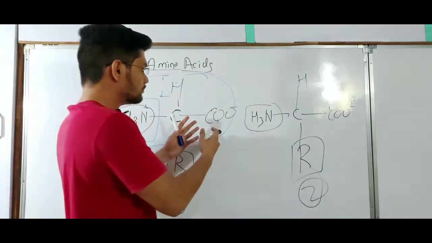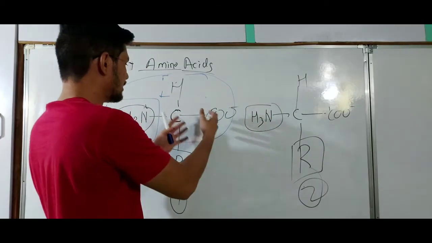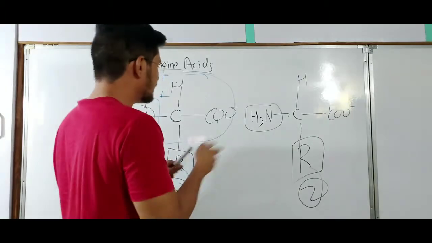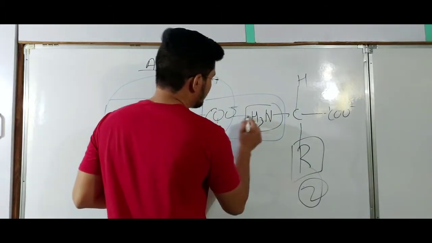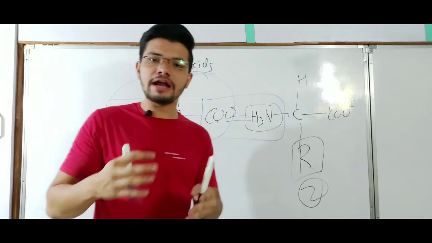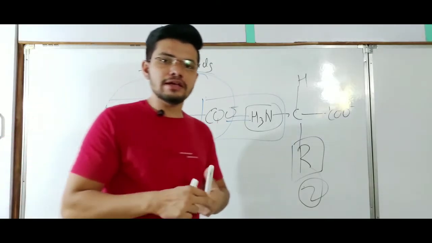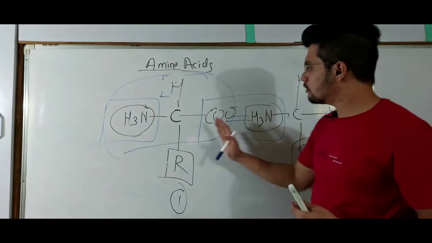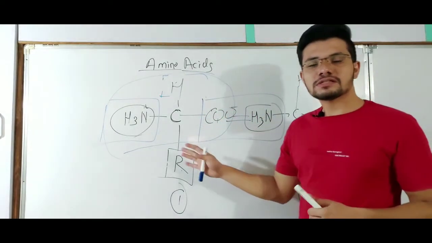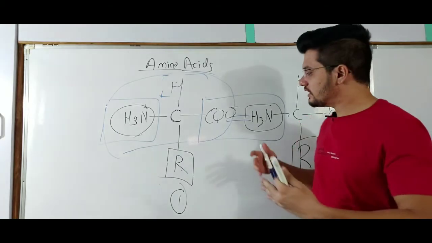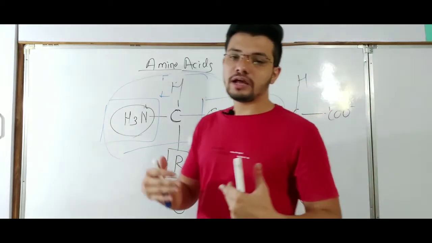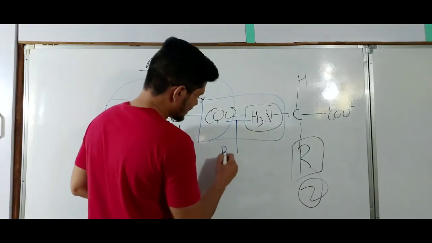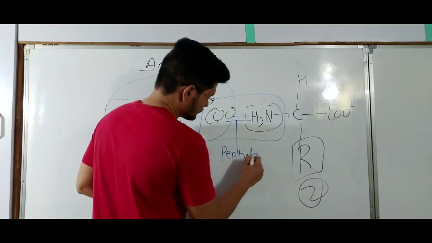The amino group of the second amino acid and the carboxyl group of the first amino acid will react with each other and get joined to form a peptide bond between them. A peptide bond will be formed between those two successive amino acids. The reaction will occur between the carboxyl group and the amino group of the successive amino acids.